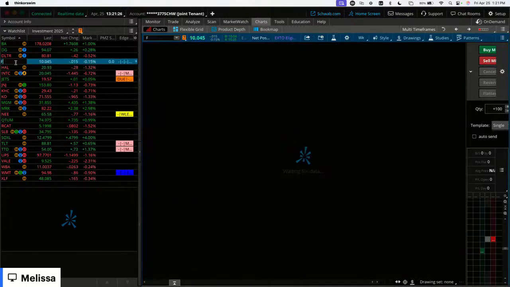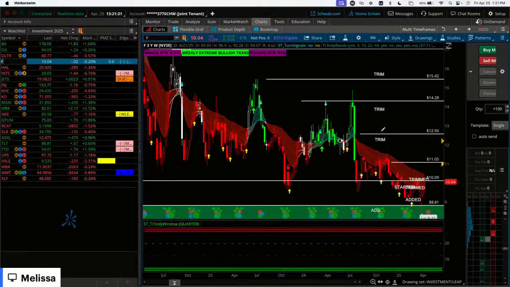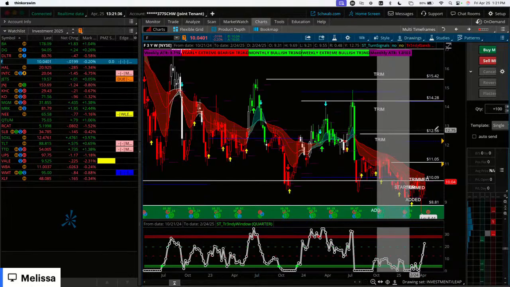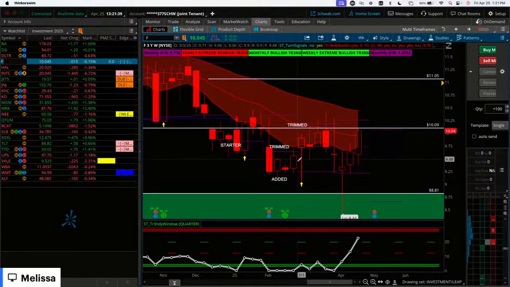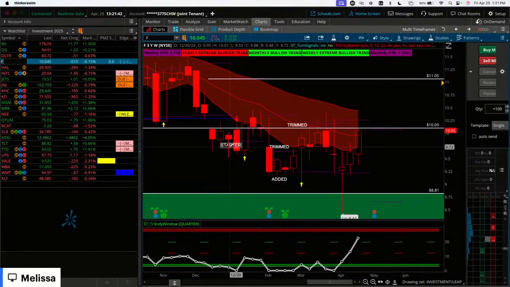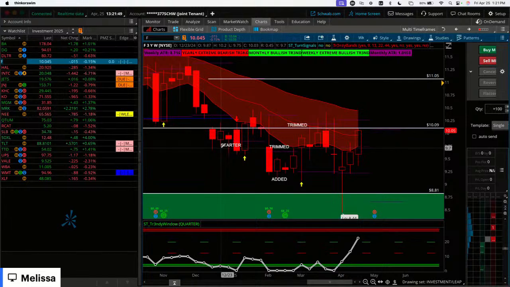Ford is another one. I own both LEAP options and equity. Again, these were purchased in January and they have already been trimmed. I started the position down here, both equity and the January 2026 $8 calls is what I bought.